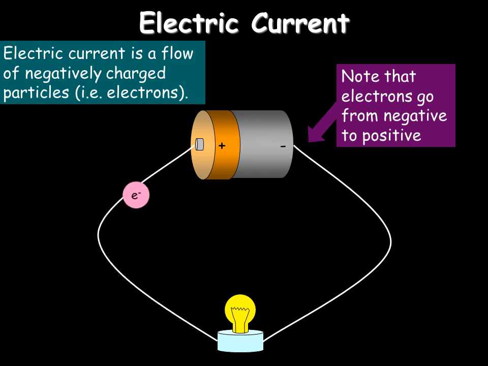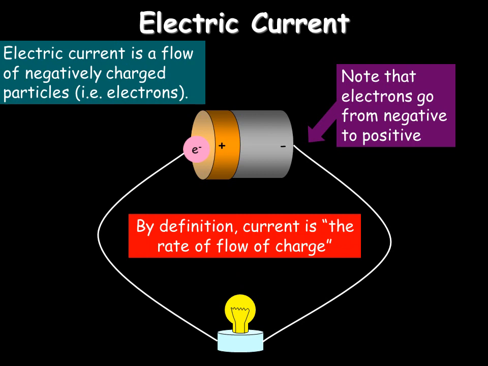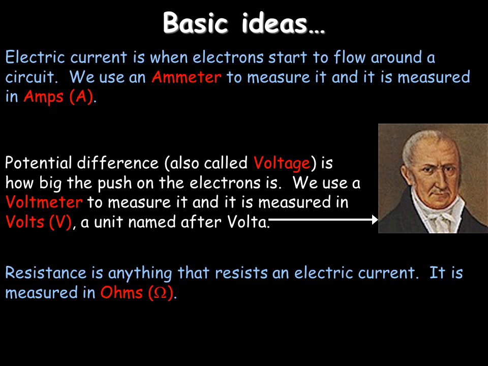The electrons then go back to the battery and collect more energy, and that produces a circuit, which means the bulb is always lit until the circuit is broken. So although we've got electrons going from negative to positive, by convention we talk about current going from positive to negative.